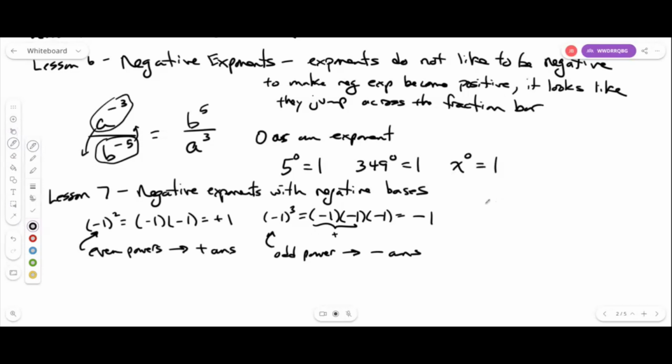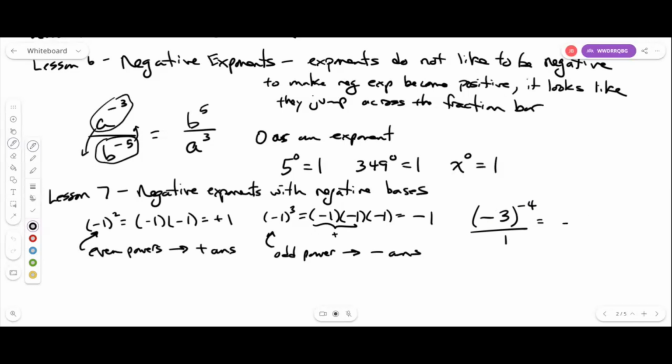Okay, and so for example, if I had negative 3 to the negative 4 power, well, first of all, this is a negative exponent. It wants to become positive. It has to jump across the fraction bar. There is no fraction bar, so we can make it a fraction.